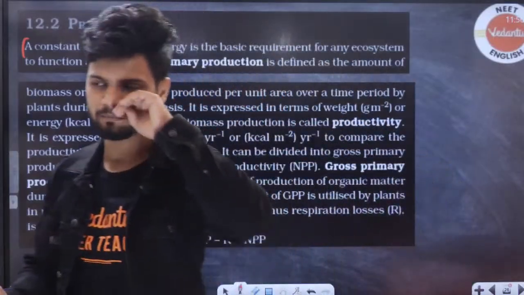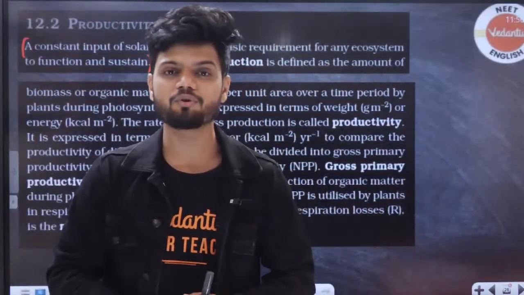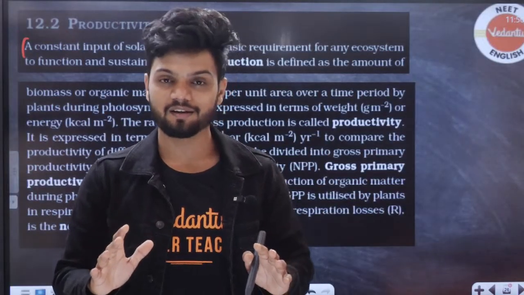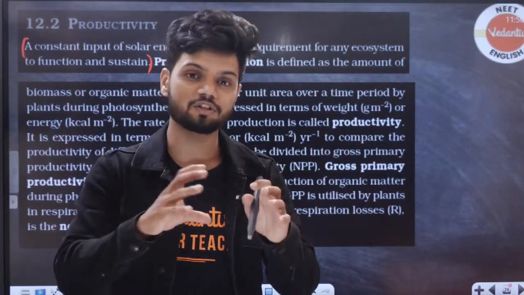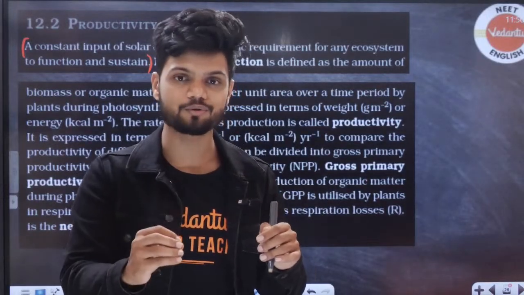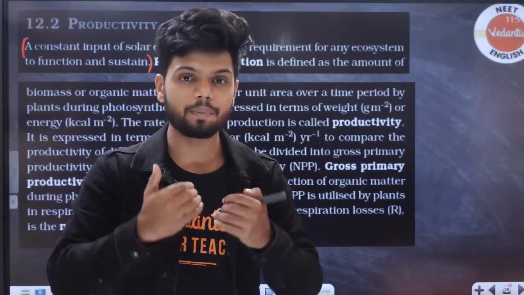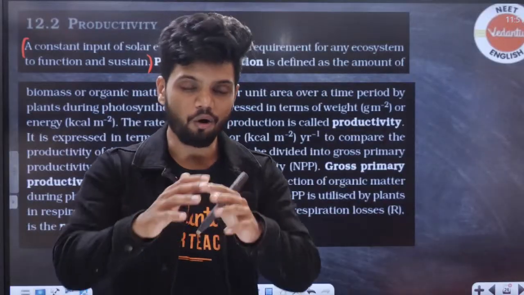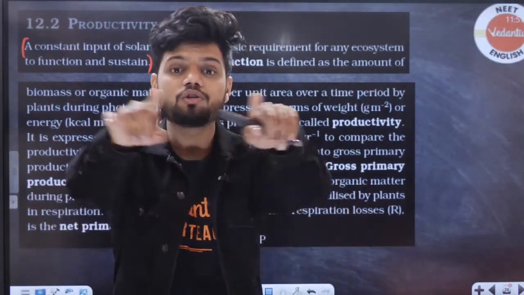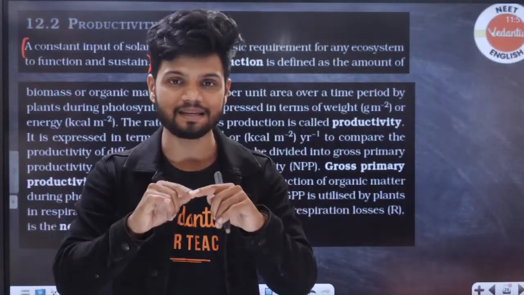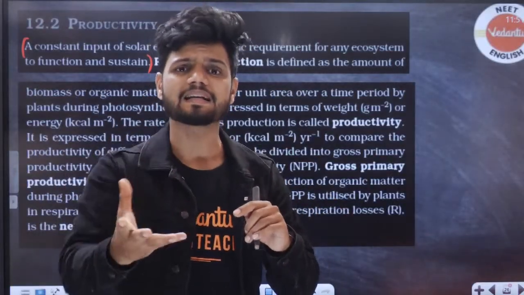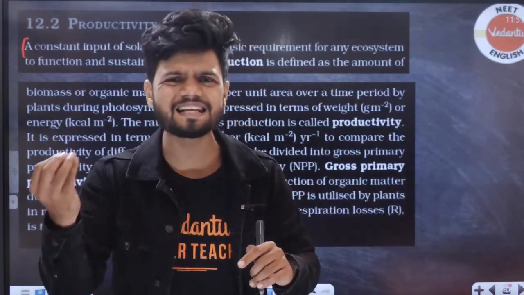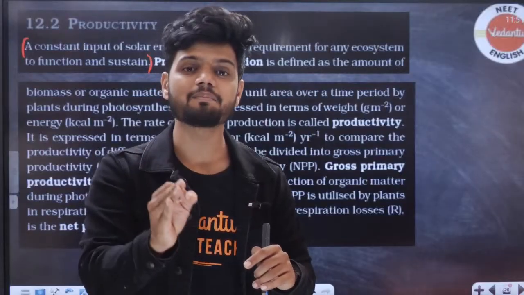I'll give you a simple example. In your house, money is coming. When money comes to your house, it's called productivity. Similarly, here plants are producing food, photosynthate, glucose. All of this glucose produced per unit area, on one area, 10 kilometers of land, 1 acre of land, for how much time, 1 year, 2 months, 6 months, is called primary production.